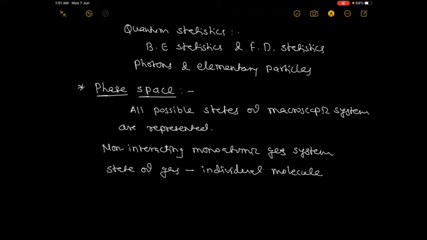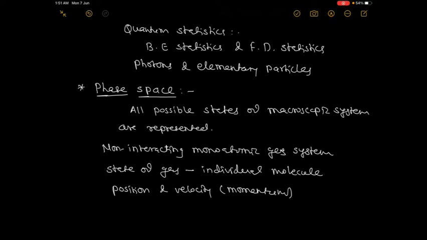Now, how to specify the state of gas for individual molecule or the particle, that we are explaining here. To specify the state of gas, we must require what is its position and velocity. The velocity we express in terms of momentum.